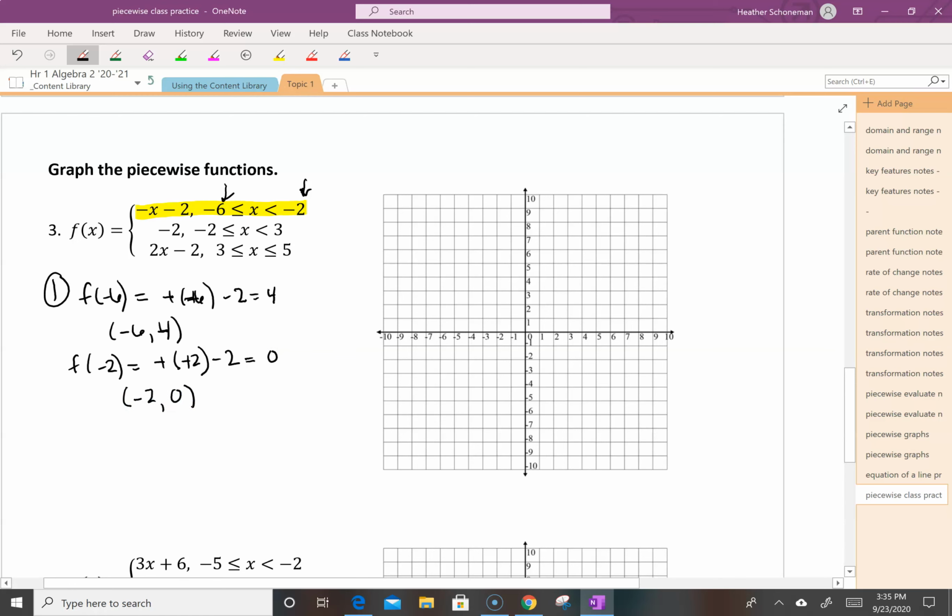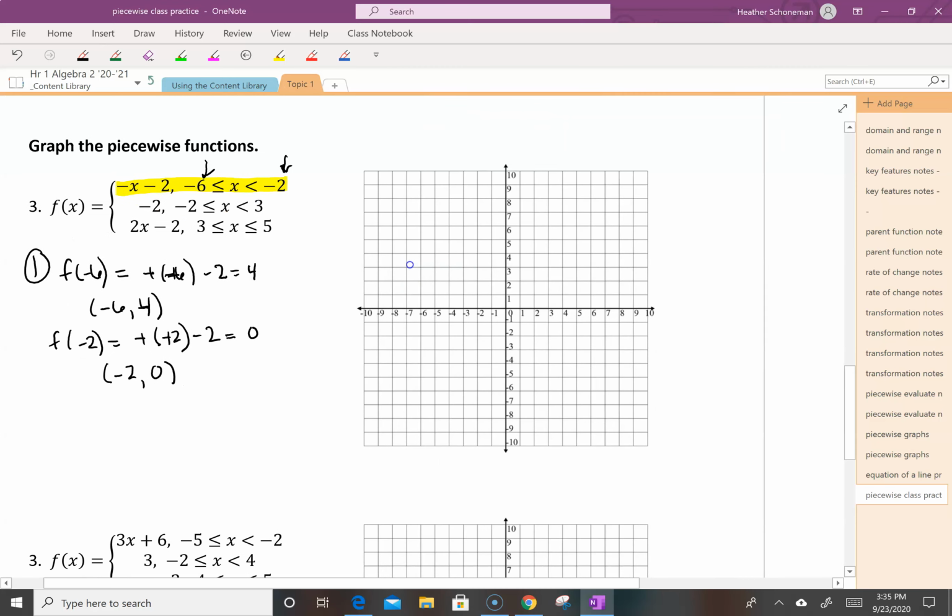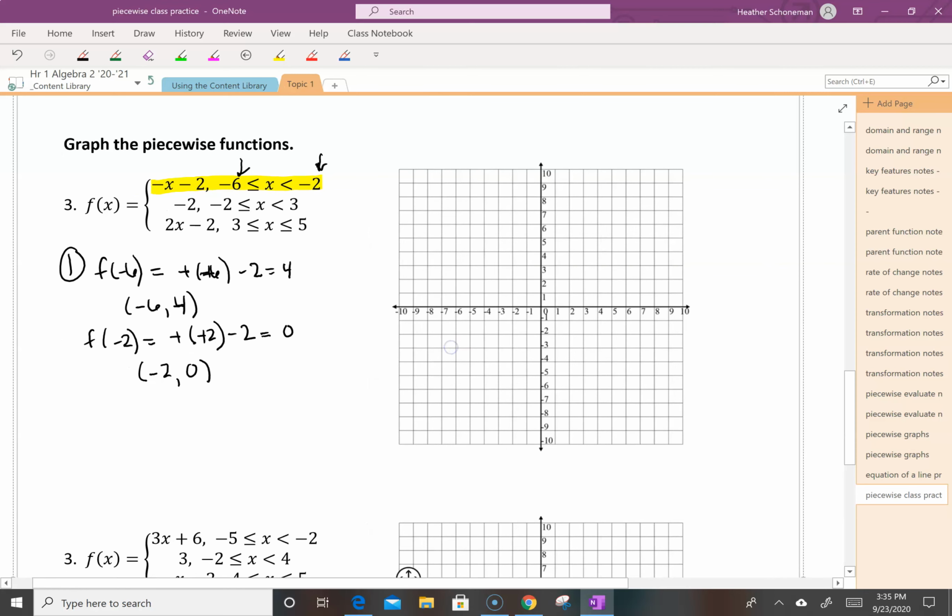So when I go to graph this, at -6, there's a less than or equal to, so I need a closed dot. At -2, it's less than, so it's going to be an open circle. Okay, so I'm going to go to -6, 4, make a point. I'm going to go to -2, 0, make a point, and I'm going to connect the dots. And this is line 1.